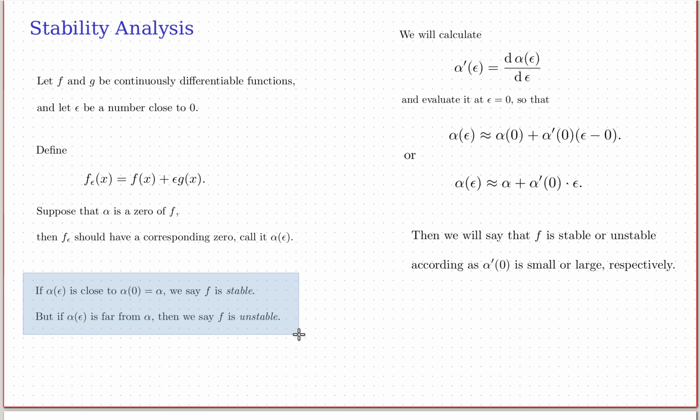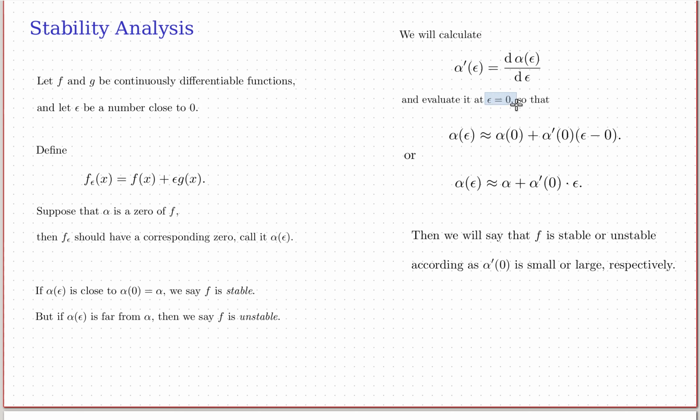So we're looking at how far alpha of epsilon travels from alpha as epsilon gets bigger. So evidently what we should do is look at the derivative of alpha as a function of epsilon. And we will actually compute this. We will compute the derivative of alpha of epsilon with respect to epsilon. And then we'll evaluate it when epsilon equals 0.